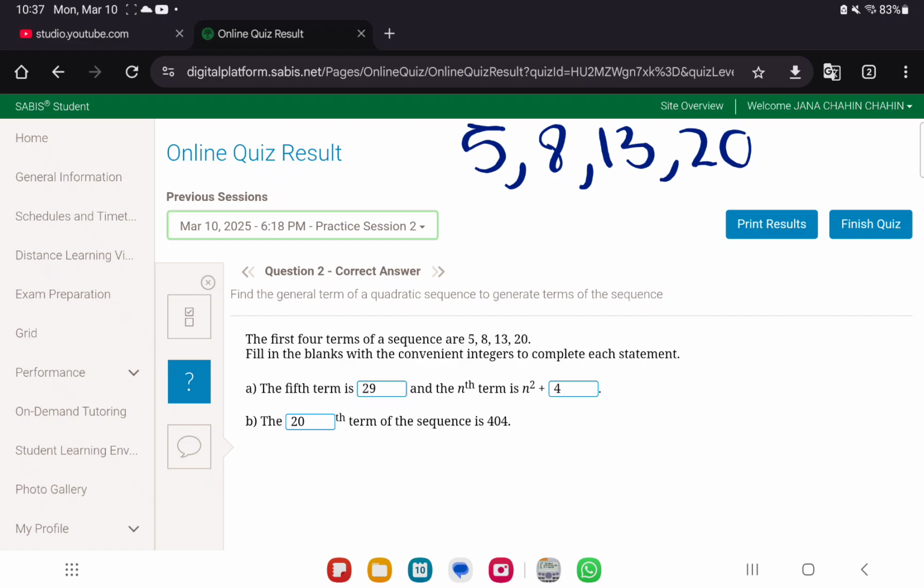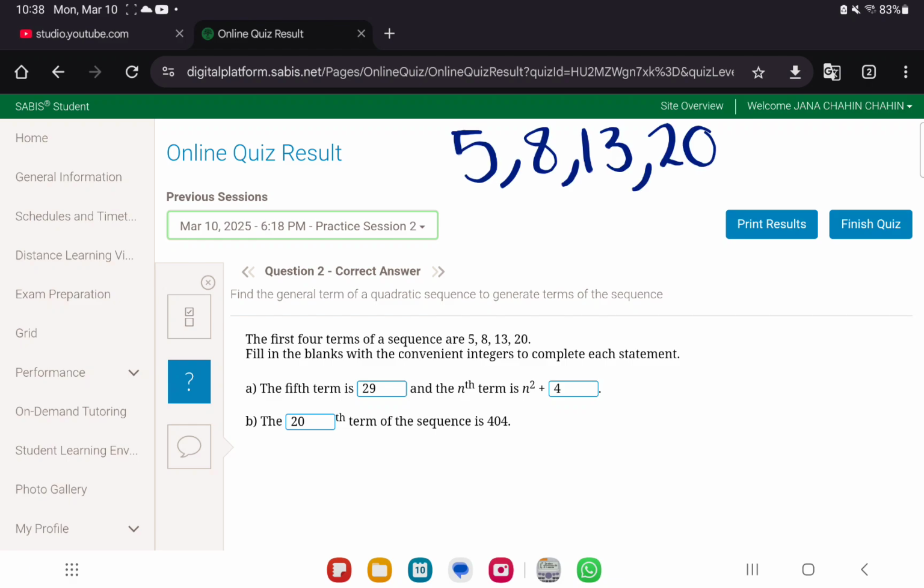How do you know if the sequence is arithmetic, geometric, quadratic, or cubic? First, let us check if this sequence is geometric. Geometric means that you take a number and divide it by its preceding number, and for all of them you get the same answer.